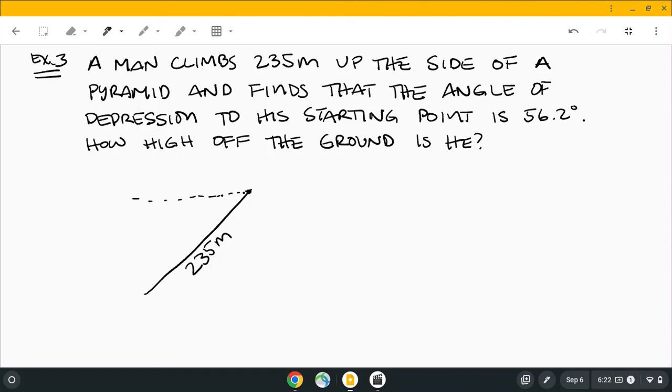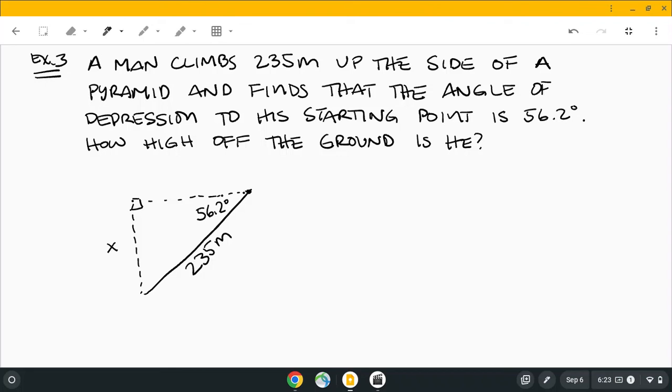So this is the angle of depression to his starting point, 56.2 degrees. How high off the ground is he? So how high up is he? This is what we need to find. I'm going to call this x.